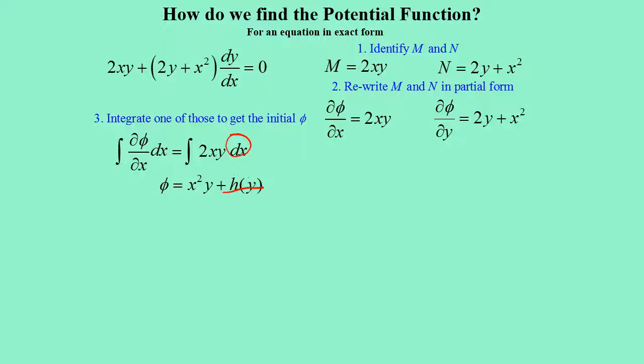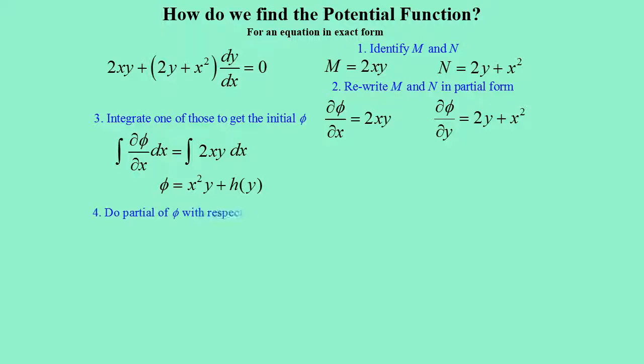Now that function may turn out to be just a constant, but if we're integrating with respect to x, y itself could be a constant. So here is the integral with respect to x, and we've partially recovered our potential function.